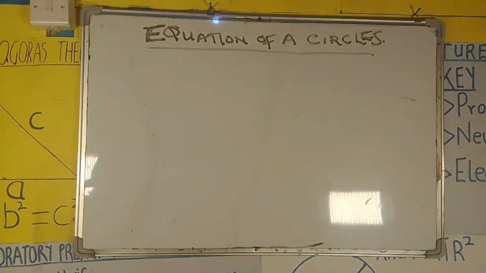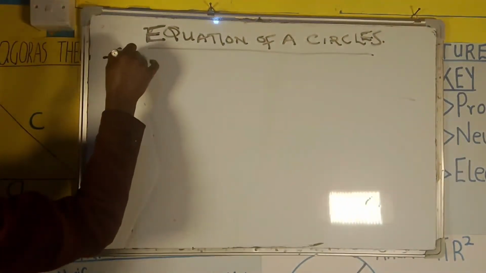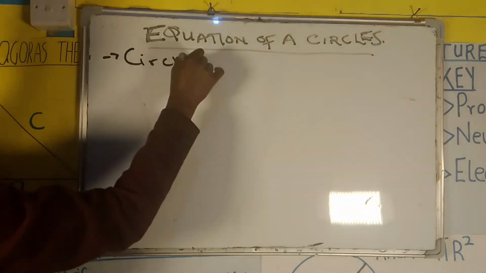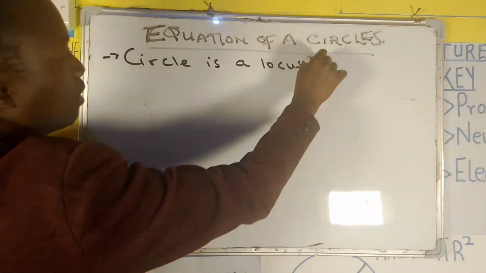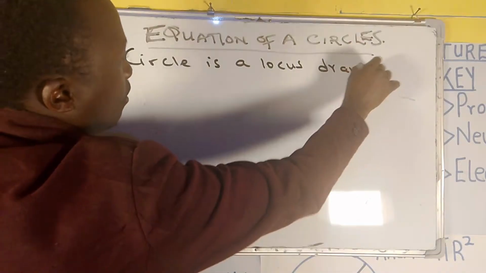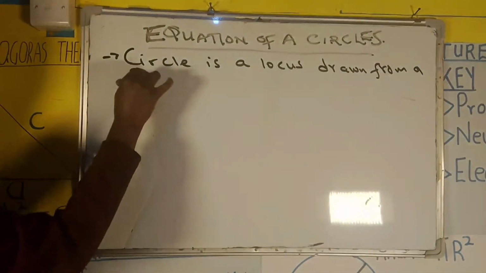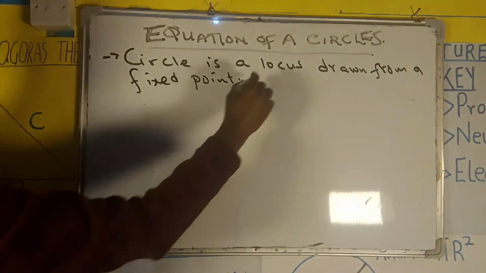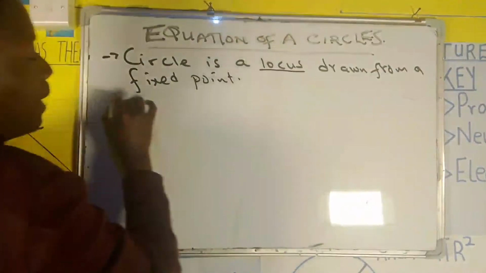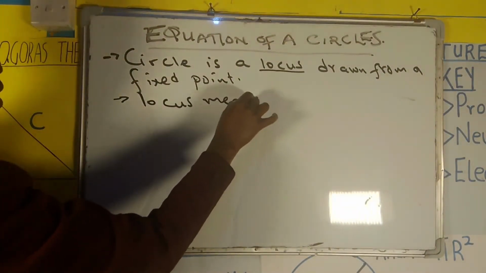So, a circle, we say that a circle is a locus drawn from a fixed point. A locus simply means a path.